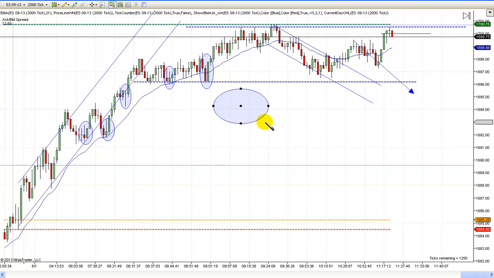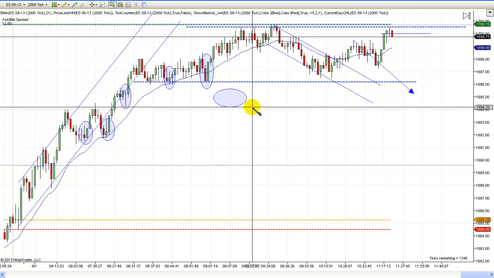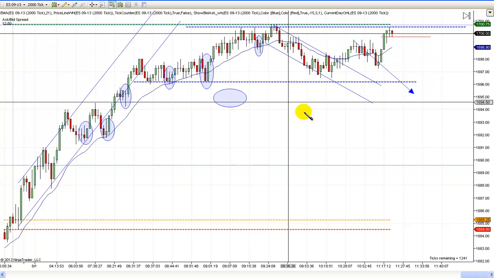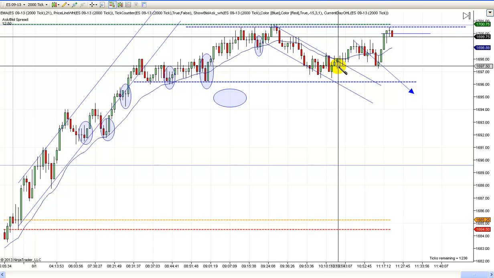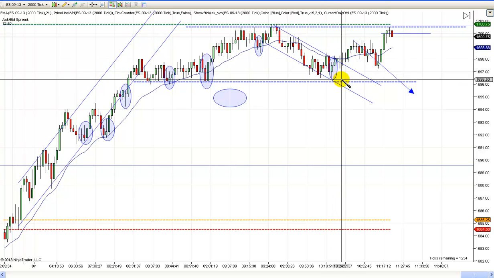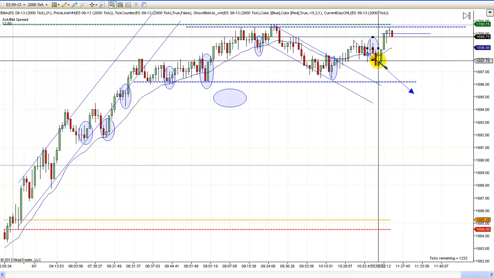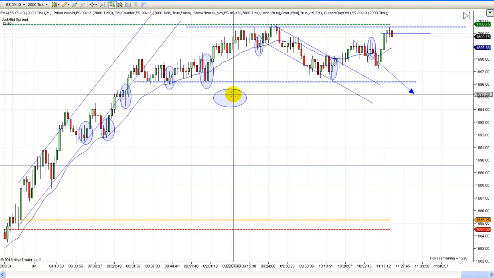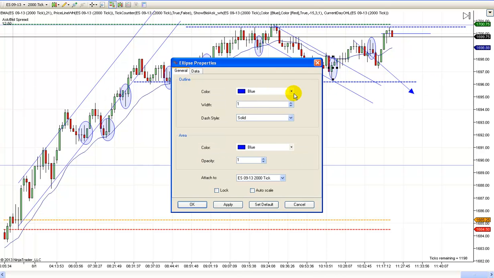That one. And that one. This one maybe, but it's definitely green. And then that one for a short. So that's what I saw today.